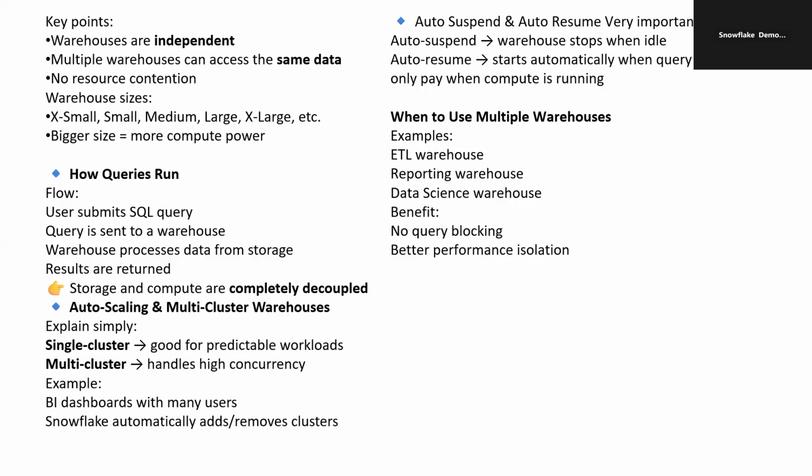When to use multiple warehouses? For example, an ETL warehouse, a reporting warehouse, and a data science warehouse. No query blocking will happen, and you get better performance by isolating these workloads. These are the important points about the compute layer.